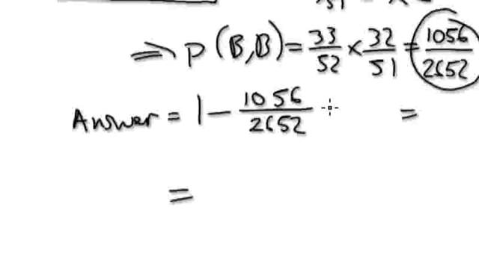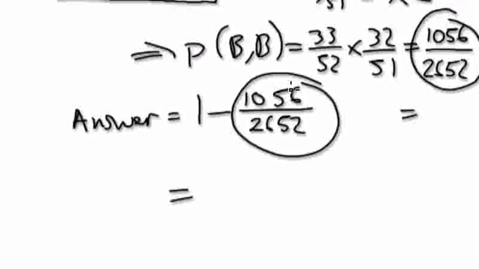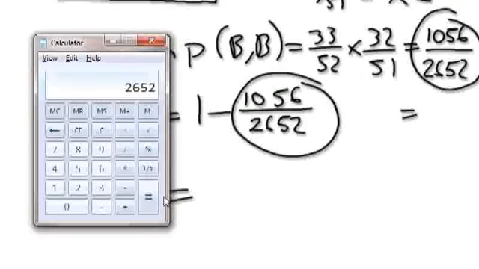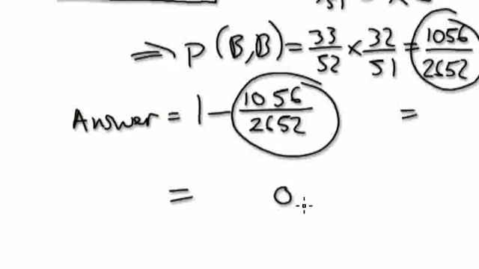Let's work out this bit here. Let's convert that to a decimal. Clear it. 1056 divided by 2652 equals 0.40 roughly.